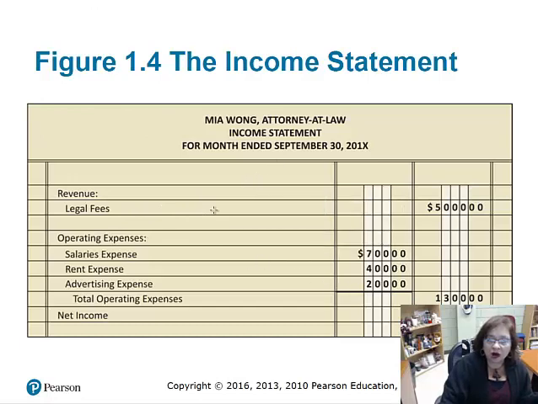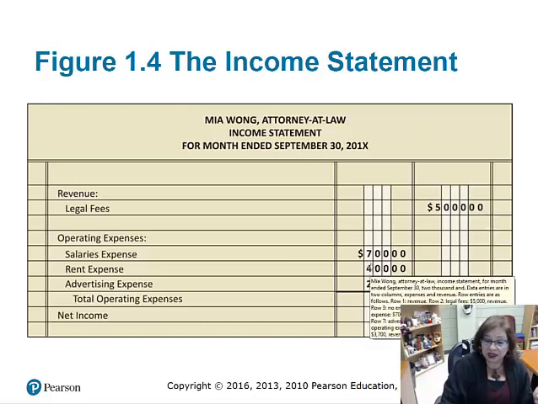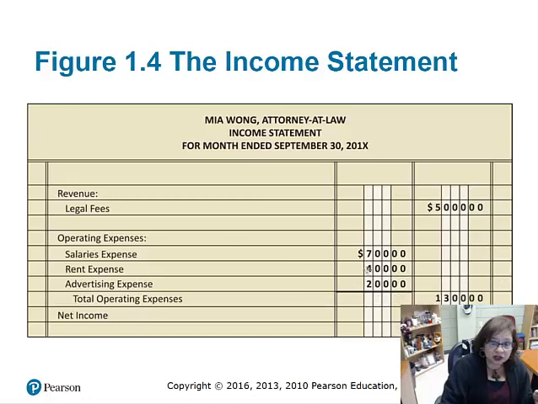Remember that Mia Wong ended up having $5,000 worth of legal fees that she brought in. Notice this is for the month ended September 30th. So here you go, $5,000. Then she had a $700 salary expense, $400 of rent expense, and $200 of advertising expense, bringing the expenses to $1,300.